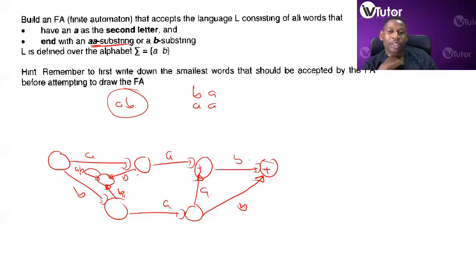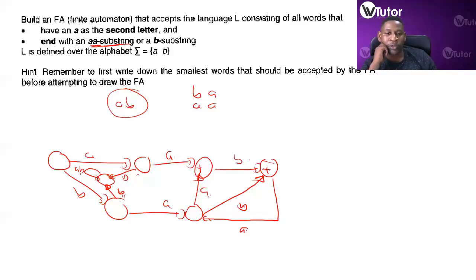Now, if you're at this B and you encounter an A, we do not want to mix these two. So if you are in B and you encounter an A, you can go there.